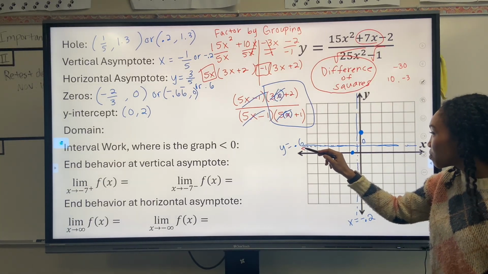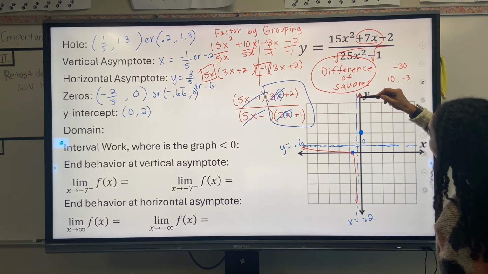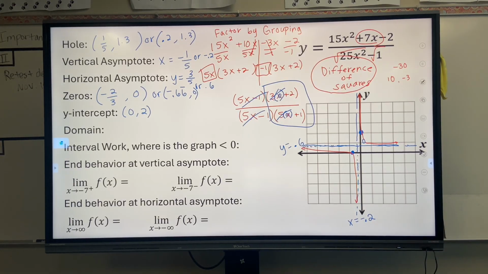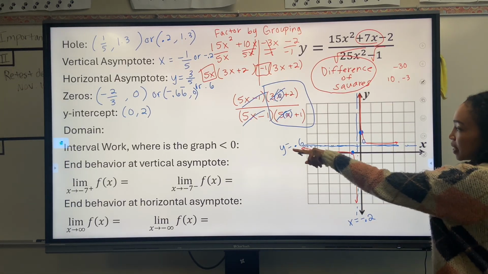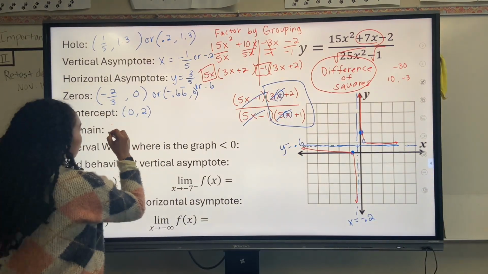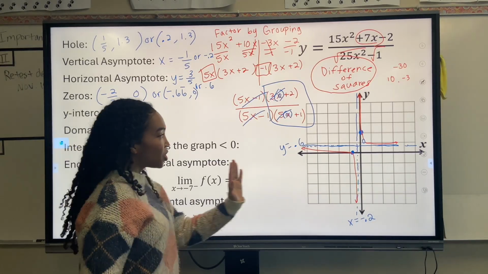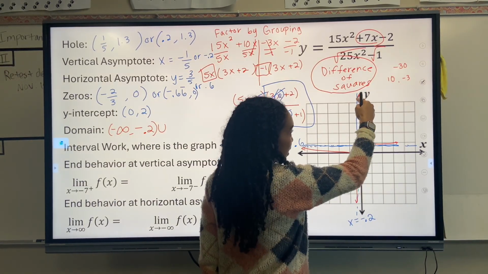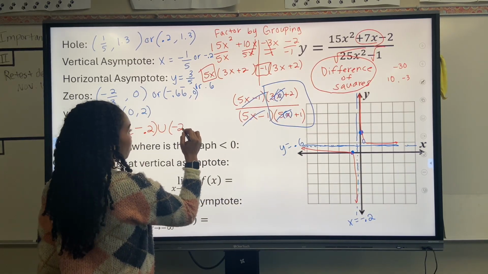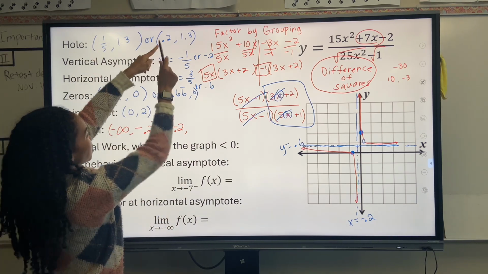Go close to the asymptote, go through my point, get close to the asymptote. Close to the asymptote, go through my point. There you go. So your domain is negative infinity to this asymptote at negative 0.2. And then it continues on this side of the asymptote, negative 0.2 to the hole, and the hole is at 0.2.